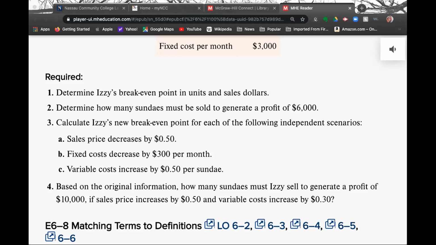Now let's look at part 4. Based on the original information, how many sundaes must Izzy sell to generate a profit of $10,000 if sales price increases by 50 cents and variable costs increase by 30 cents?